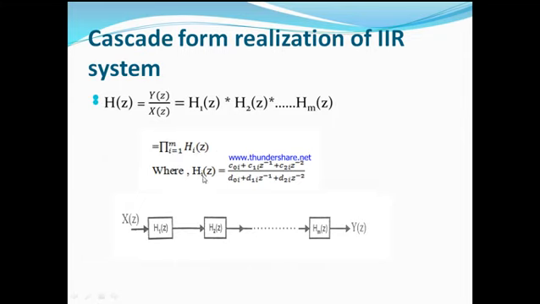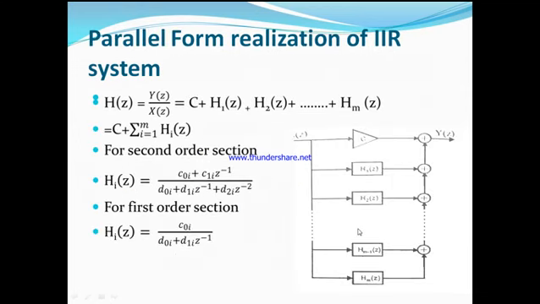Here Hi of z equals c0i plus c1i z power minus 1. This is the transfer function of the system. For cascade realization of the IIR system, the individual transfer functions of the system are cascaded to get the output.